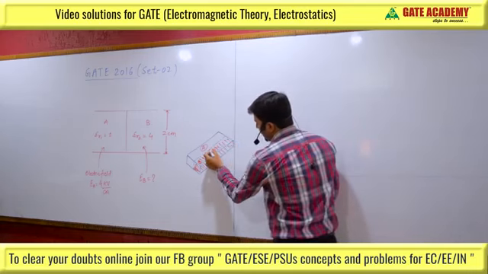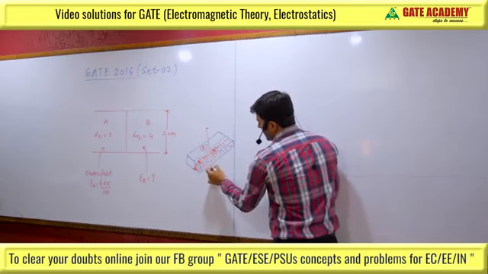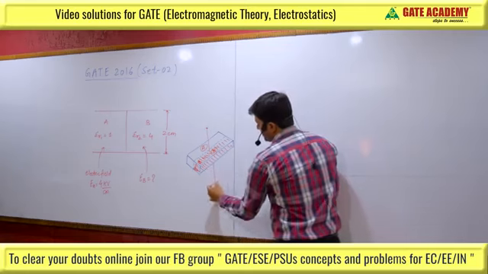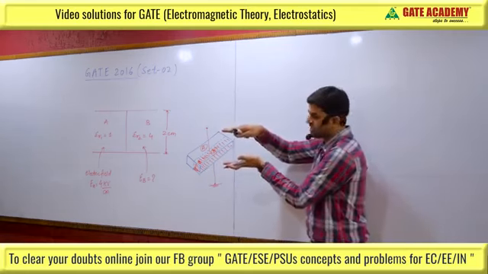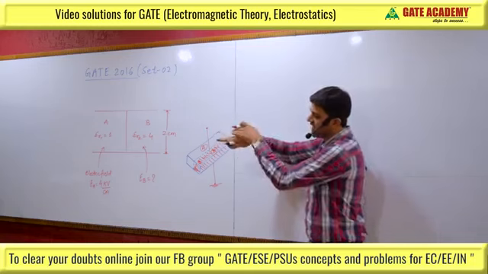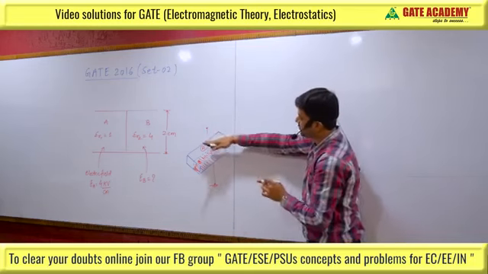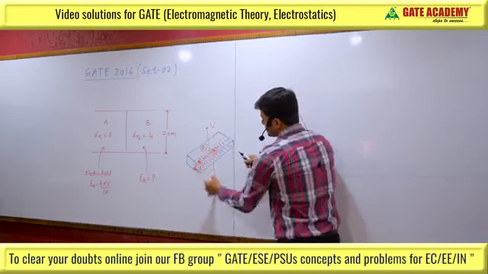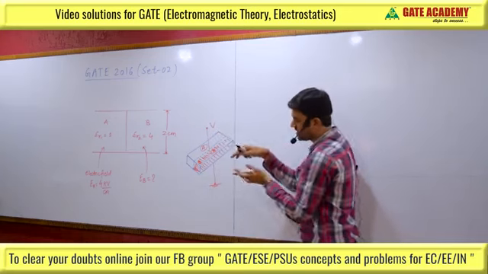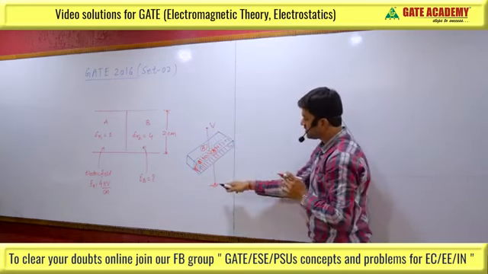We are applying the potential across the two plates: positive voltage on the upper plate, and the bottom plate is connected to ground.